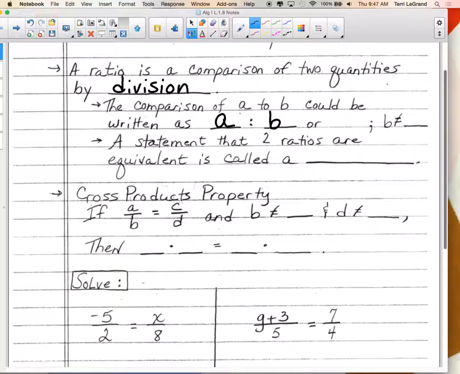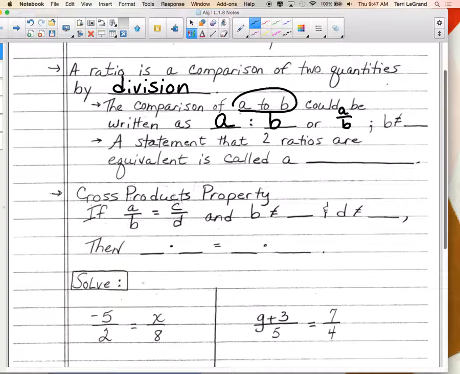What's another way we could write it? This is one way, with the word "to" in it. And now we said colon. What's another way we could write it? As a fraction. Yeah, as a fraction. And when we see it written as a fraction, there's something that we should say to ourselves: B cannot equal something. What can't you divide by?